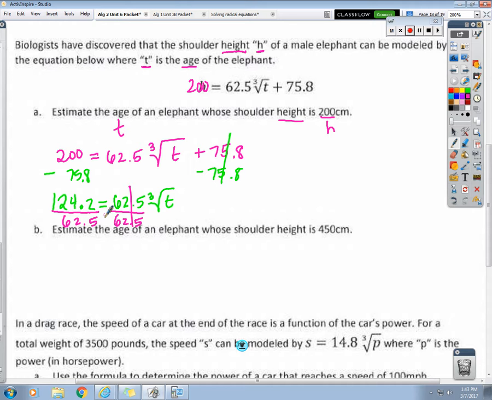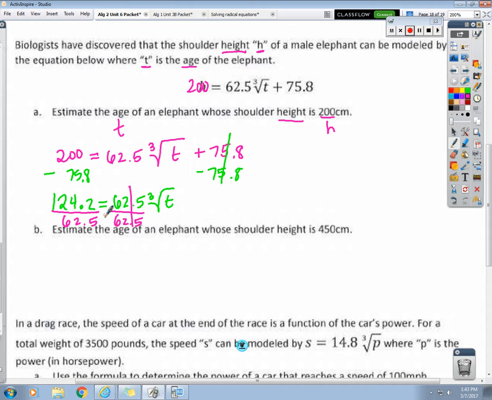I know, I didn't round all my answers to the tenth, so I'm just checking them real quick. 124.2 divided by 62.5, 1.98. So where would we round that if we're rounding it to the tenths place? 2.